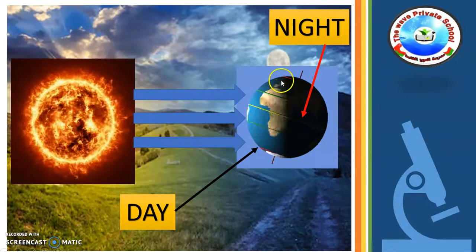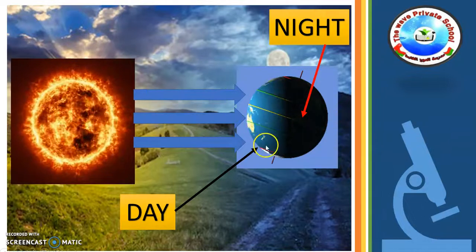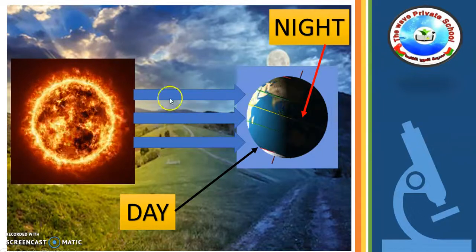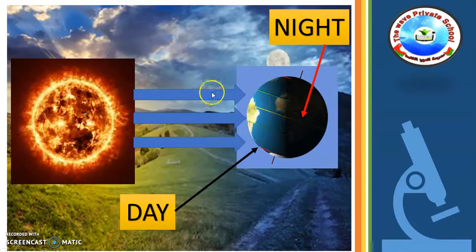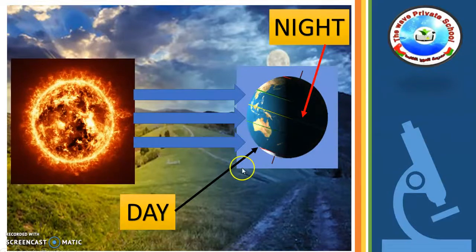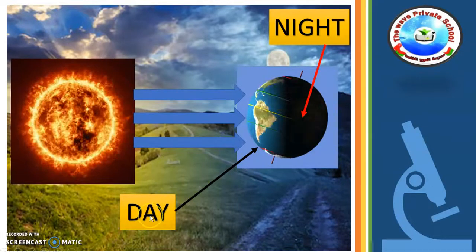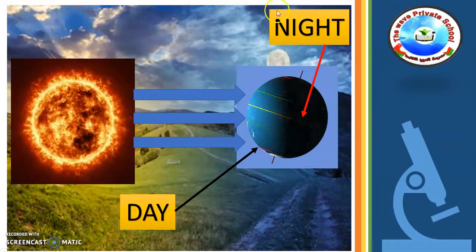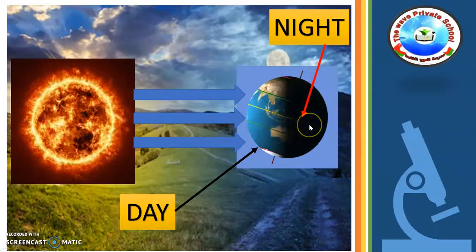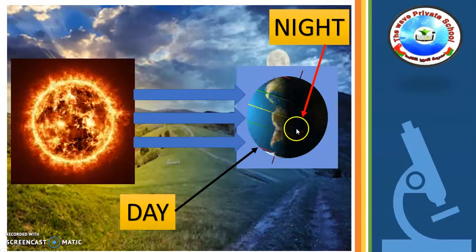The places facing the sun can receive the direct heat and light from the sun. That is why this part of the Earth will have daytime. And the opposite to that is what? The one that is dark.